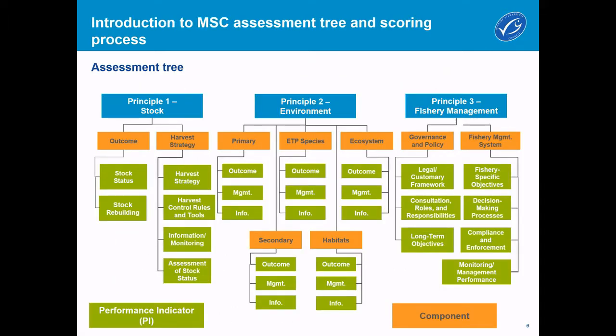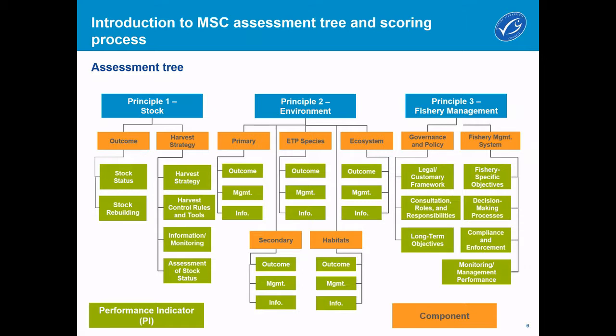So, a quick introduction to the MSC assessment tree. At the top you have your three principles, in the blue boxes. In the orange boxes are your components within each principle, which you don't really need to worry too much about. The main thing for you is the performance indicators, which are in the green boxes, and there are 28 performance indicators across the three principles.